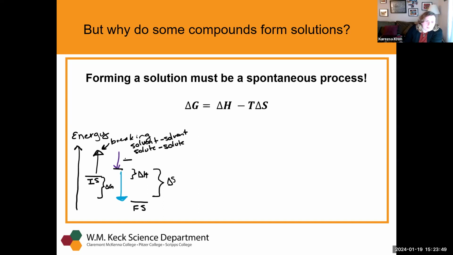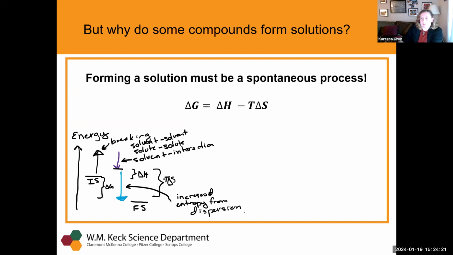And then the amount of energy that comes from solvent-solute interactions is this purple line. And then our entropy, so increased entropy, this should be T delta S, increased entropy from dispersion.